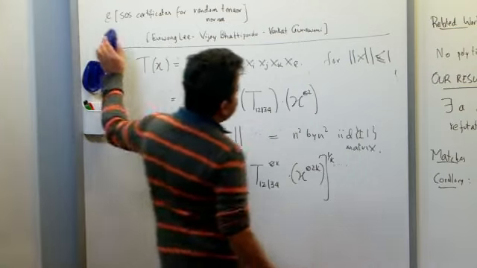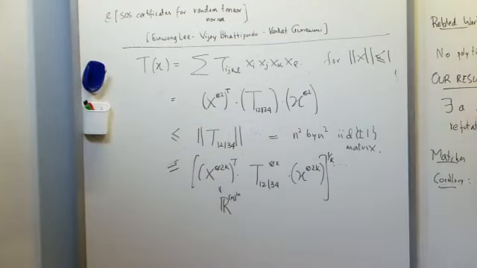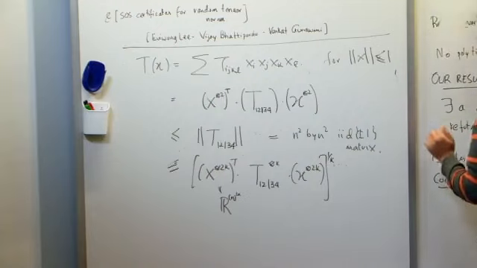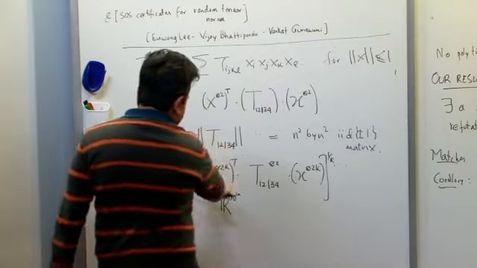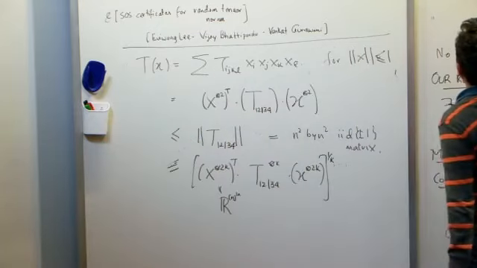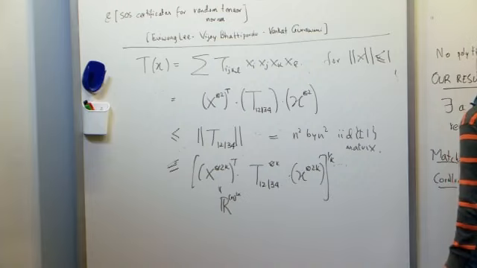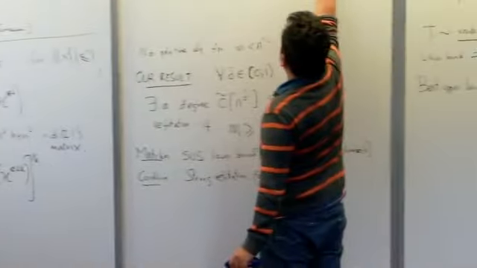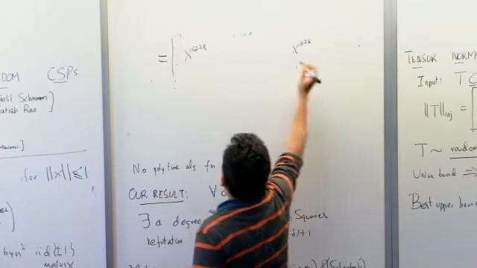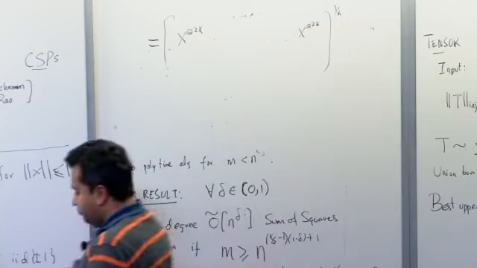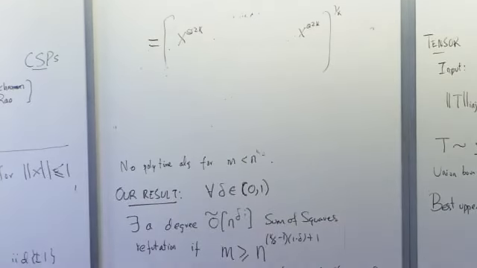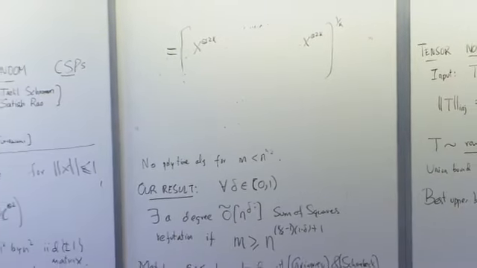Here's what I mean. If I look at this equation, this is equal to the same thing, the kth root. But now I've symmetrized the matrix in between by all the symmetries of the vector I'm looking for.